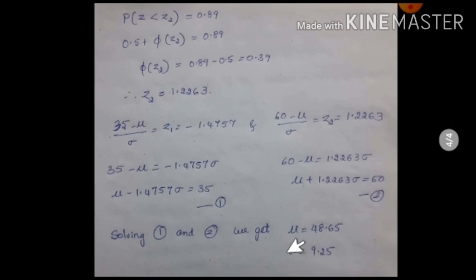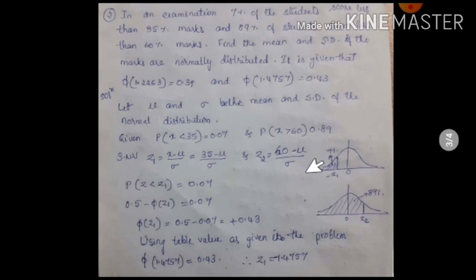In the same way, probability of Z less than Z2 they have given as 89%, that is 0.89. What will the normal curve be? Observe that if I am taking Z2 over here, because I should cover 89%, it should be more than 50%. Why should I not take it on the left side?